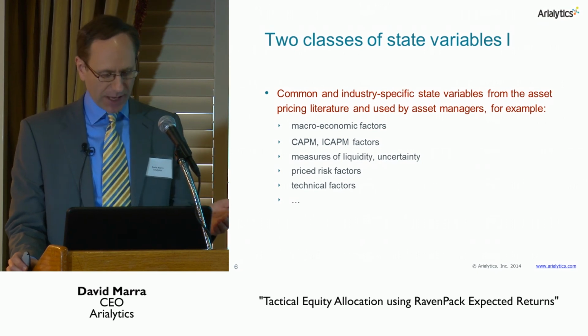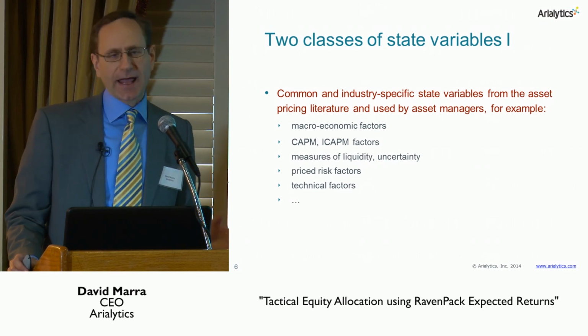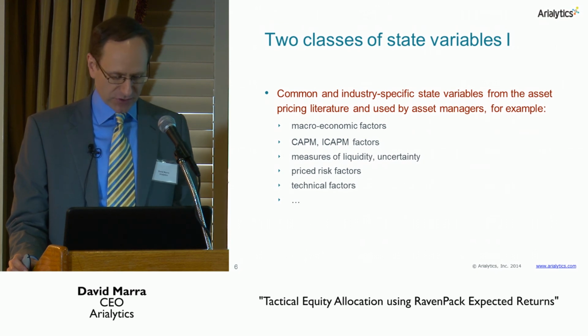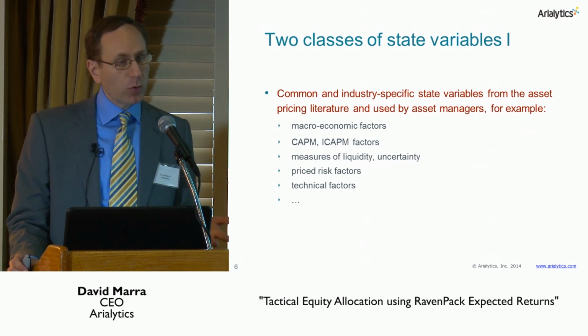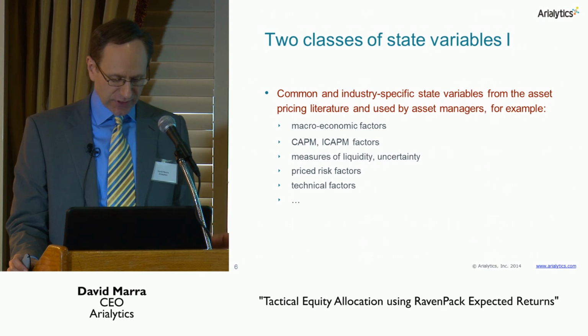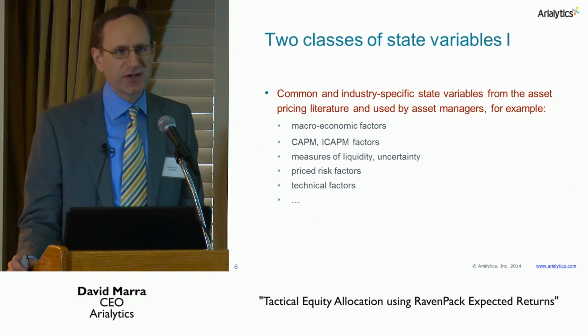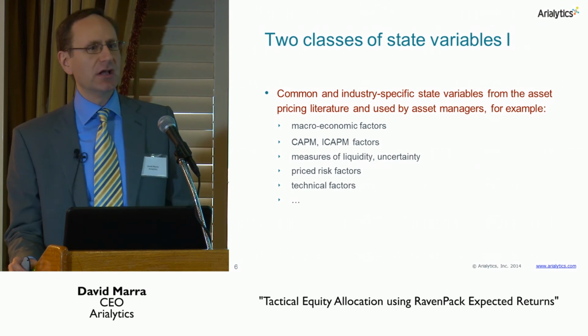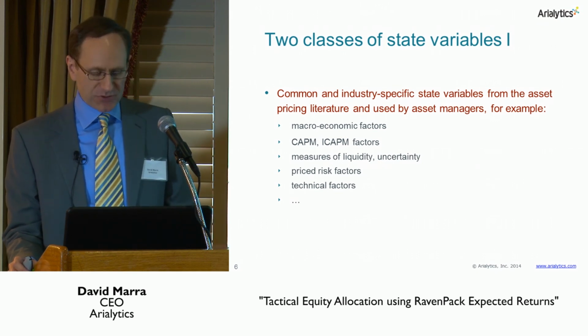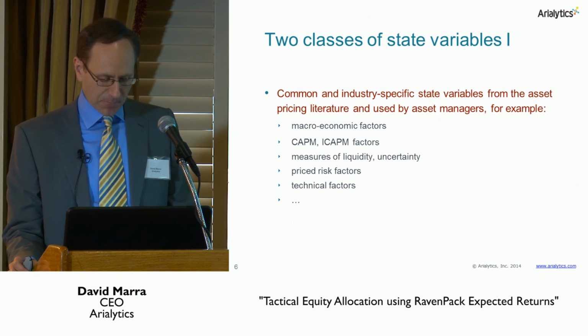So we have things like macroeconomic factors, the CAPM, the intertemporal CAPM factors, measures of liquidity, measures of uncertainty, the price risk factors from the 4-factor model, or if you're into the extensions, the 6-factor and the 9-factor model, like momentum, small minus big, large minus small, that kind of stuff.